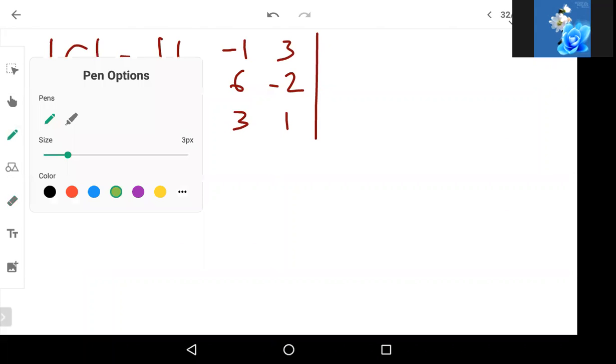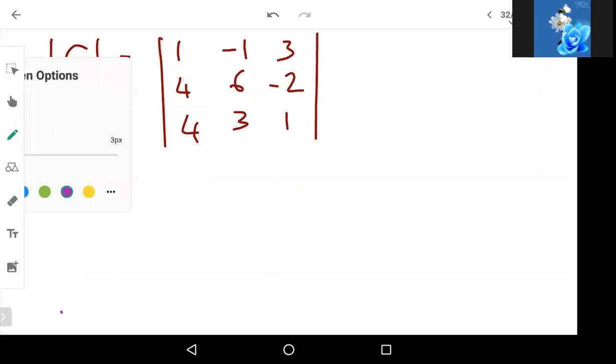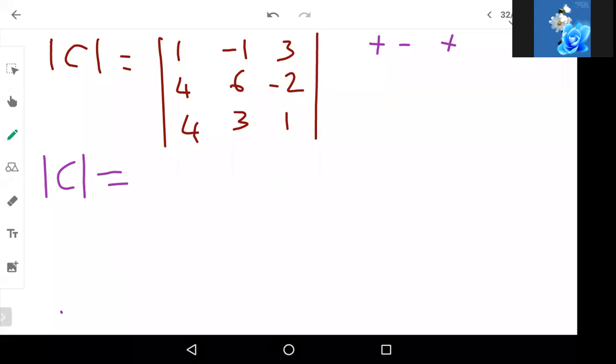Now in considering first row, what you will have to do is determinant of C is equal to, the sign position for the first row is plus, minus, plus. Okay, so for the first element, it is plus only, so it will be 1.